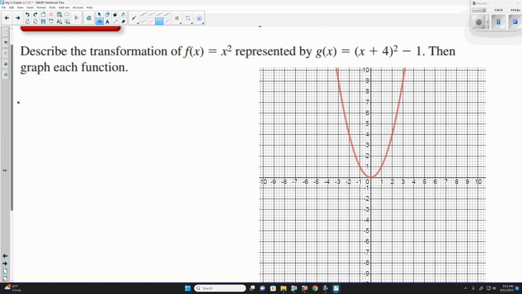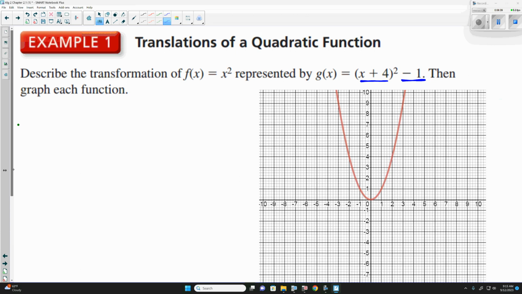So describe the transformation of f of x equals x squared to our function g of x equals x plus 4 squared minus 1. We're not going to go through the process of graphing them. The most important thing is describing the transformation, and there's two of them, because we have the negative 1 outside and the plus 4 inside. The negative 1 outside the parentheses is moving us in what direction?